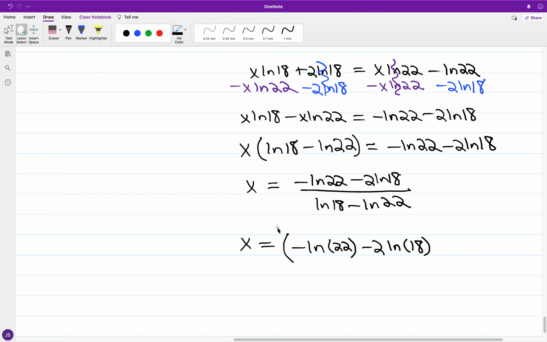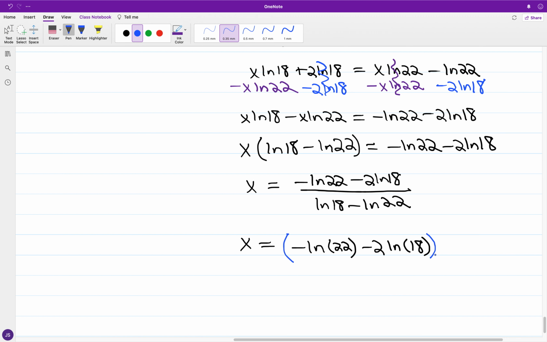I'm going to do a little bit of color coding here, and put that in blue. Close out for 18, close out for the difference.